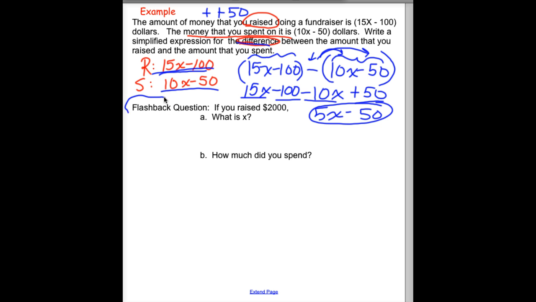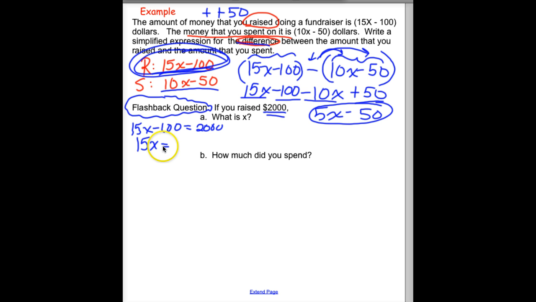Flashback question, what does that mean? That means I'm going to leave the world of exponential algebra and go back to your linear algebra class from last year. It says if you raised $2,000, so your 15x minus 100, I'm going to write this a little farther over here, your 15x minus 100 equals 2,000 because it says you raised $2,000.